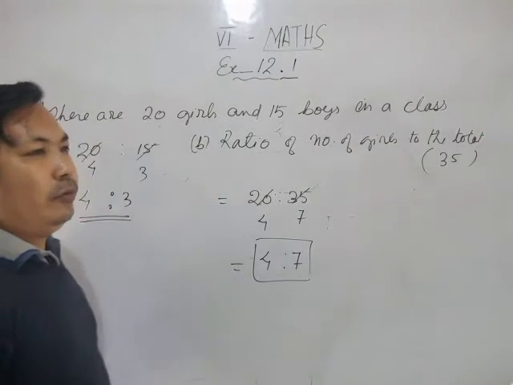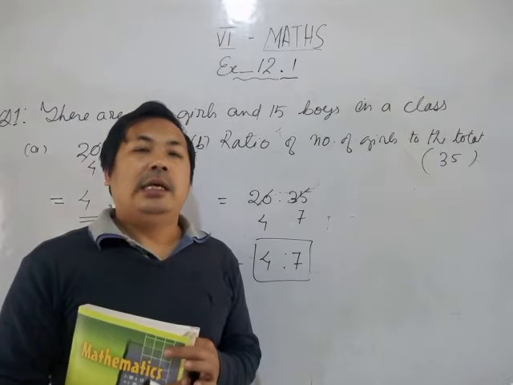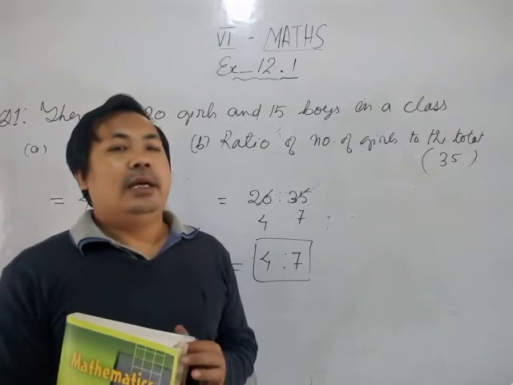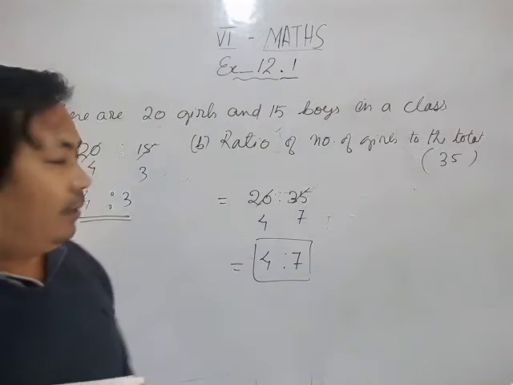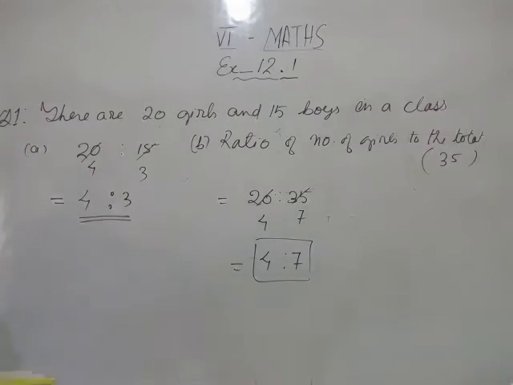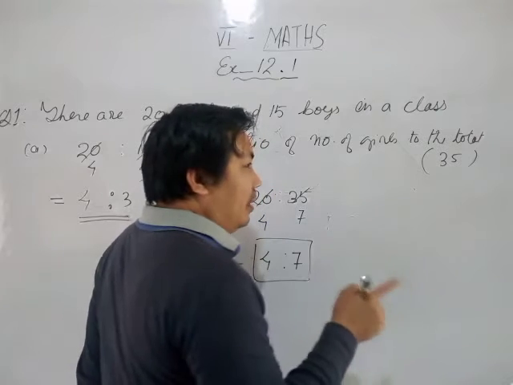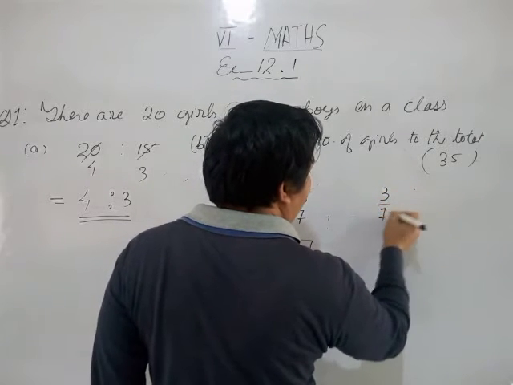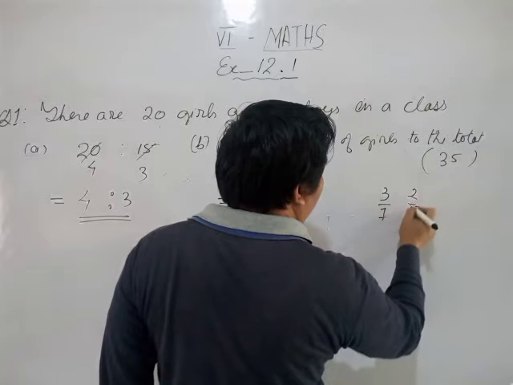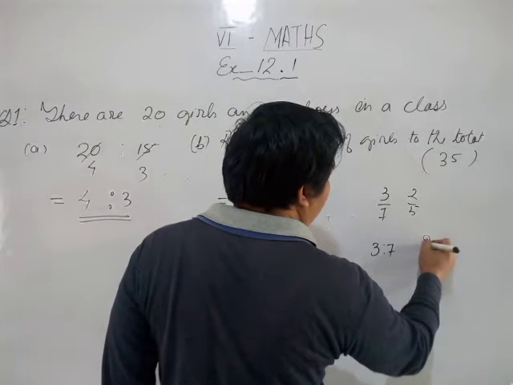My dear student, when we write a ratio, it must be written in its smallest terms or simplest form. This is clear? Yes. And always remember that any number in the form of 3 by 7 or 2 by 5 can be written as the ratio 3 is to 7 or 2 is to 5.